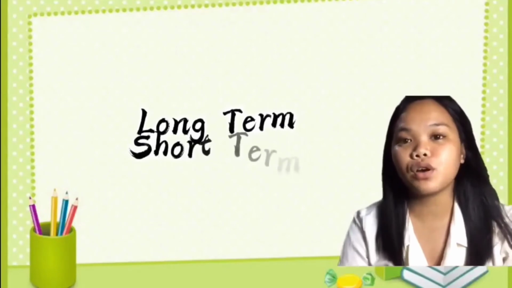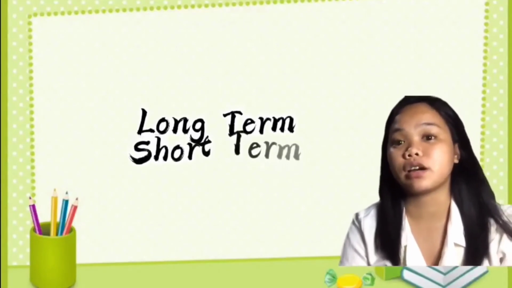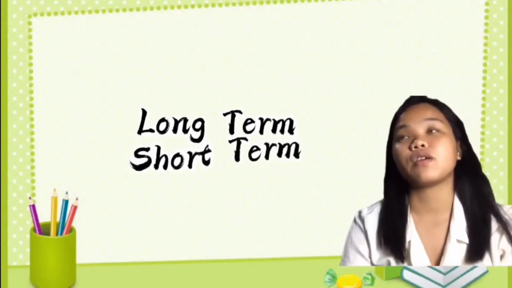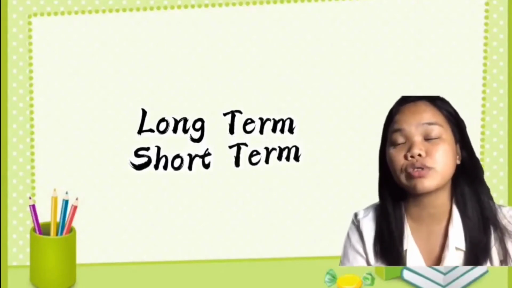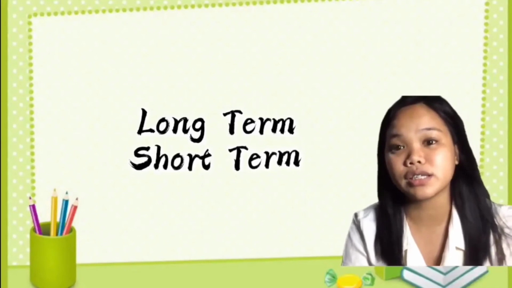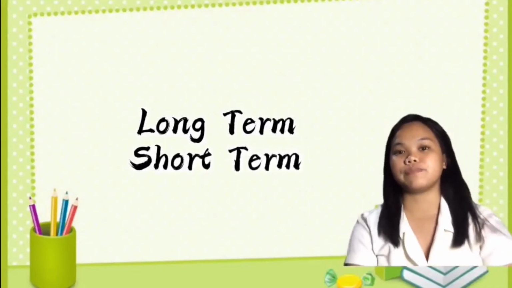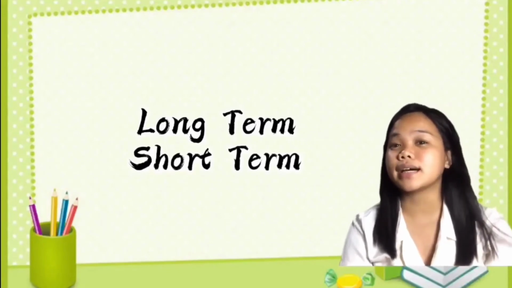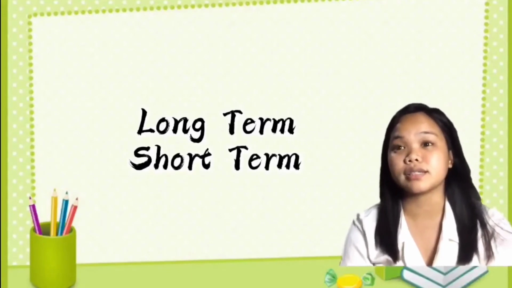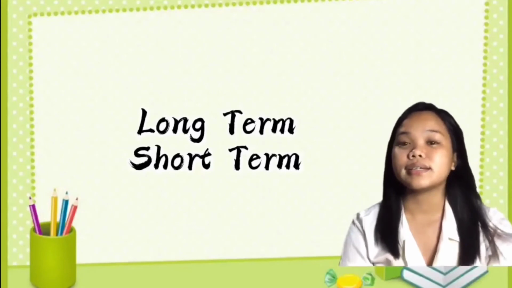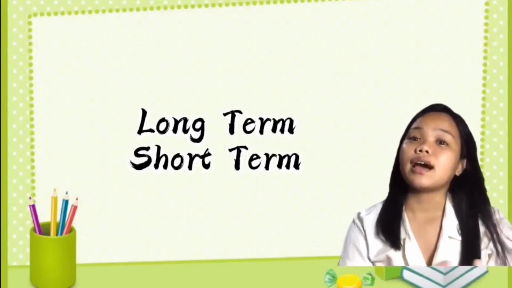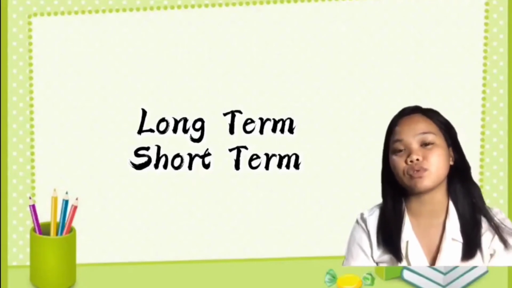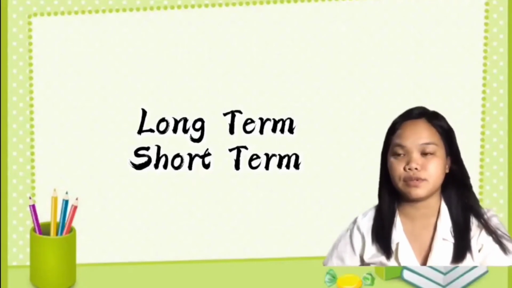Examples of long-term objectives are to create a strong brand image for the store and to create strong brand loyalty towards the retailer. These objectives cannot be achieved overnight. That's why they are considered long term, because it takes time to achieve them.